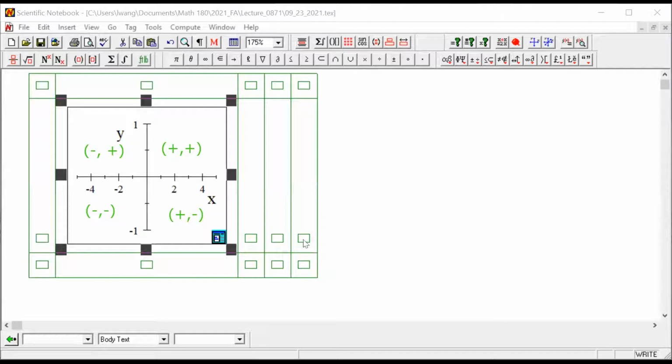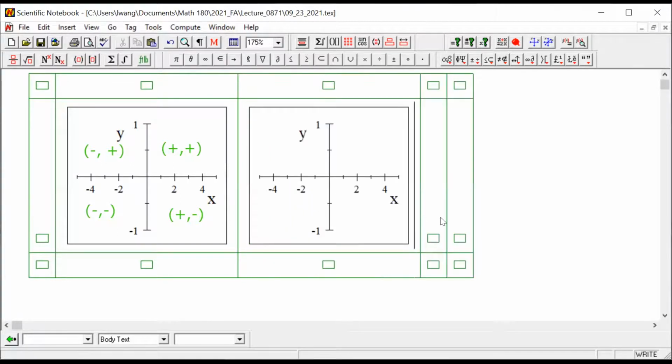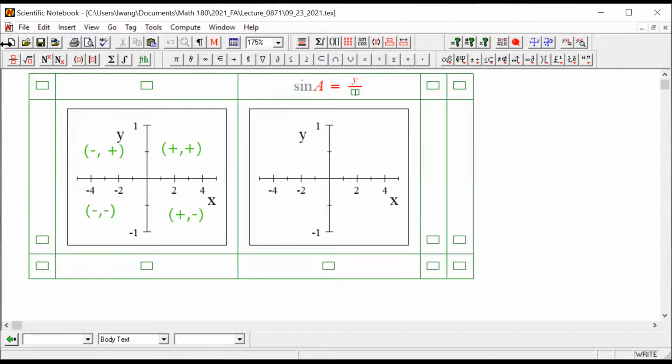As a consequence, if you look at the definition, we know sine is a ratio. If a terminal side ends in the first, second, third, or fourth quadrant, according to the definition, sine is y over r.